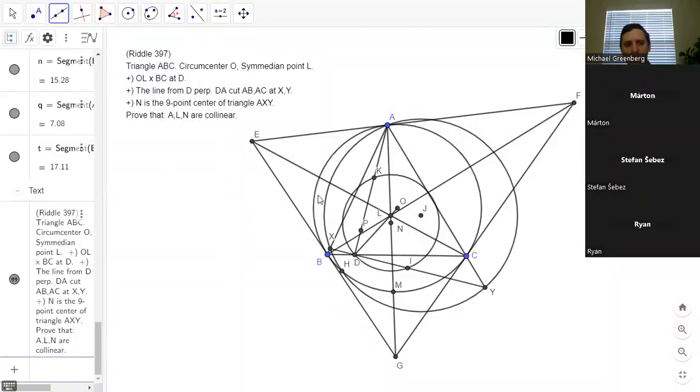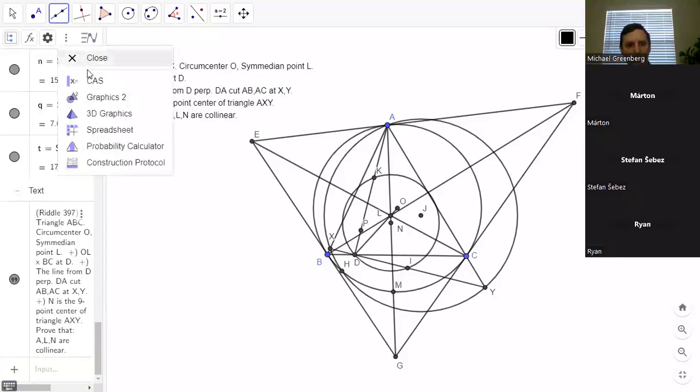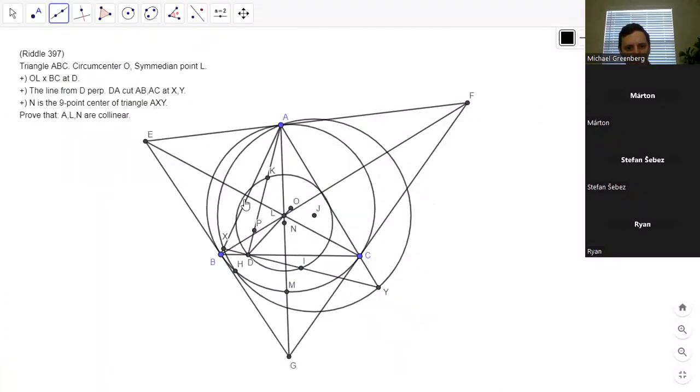So P. Then what were you saying? We would like to show the distance of P from the line AG is the same as J from the line AG. Okay, that P and J are the same distance from AG. Interesting.